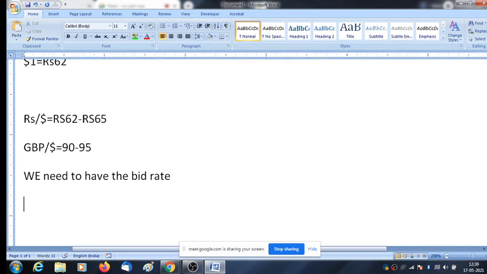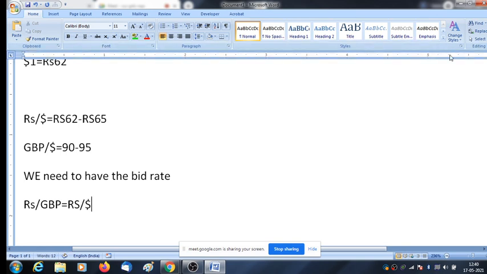We need rupees divided by GBP. So to have this thing, we need to have rupees divided by dollar.